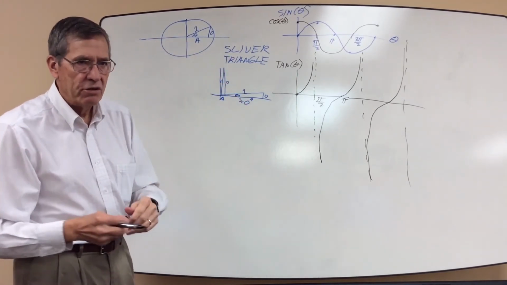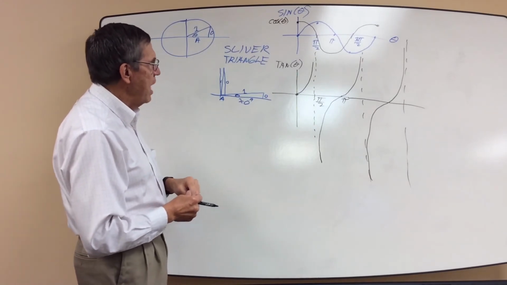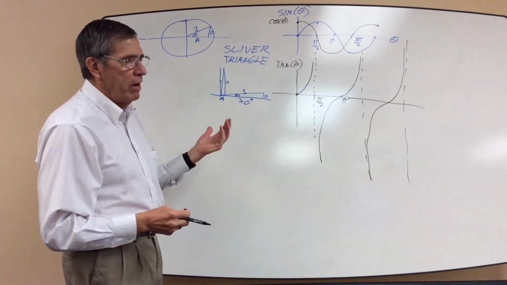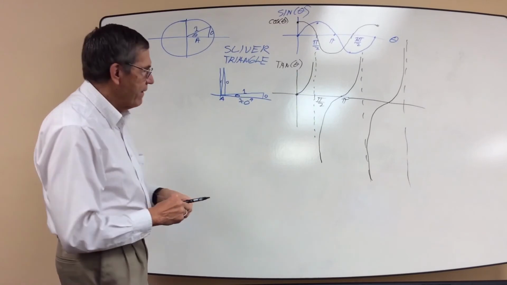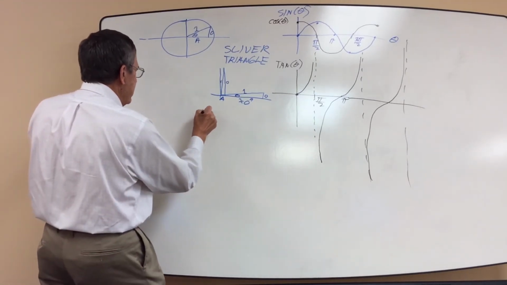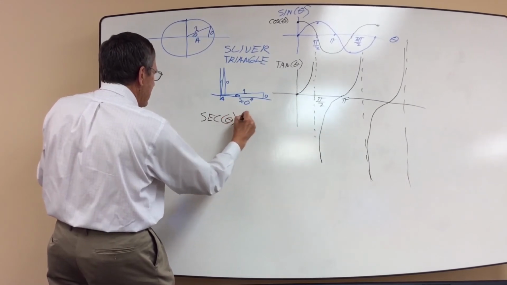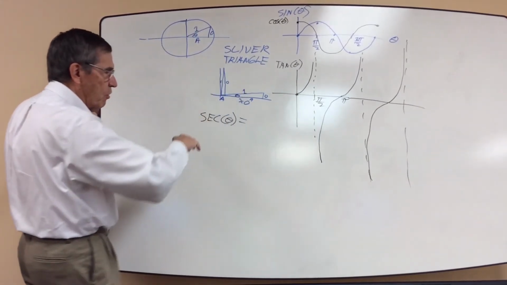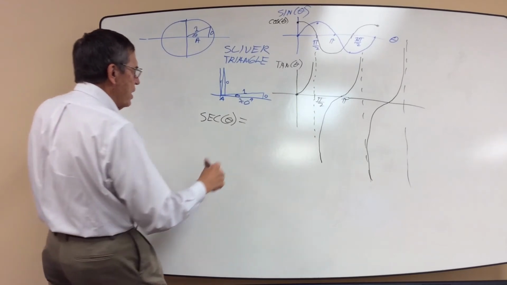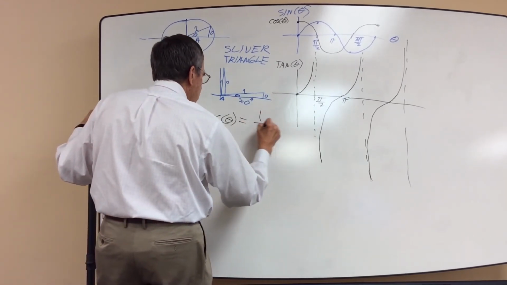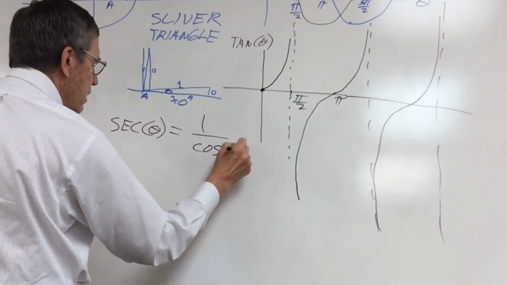So I would invite you to think about what the plot would look like for the secant. Okay? So the secant of theta is equal to the reciprocal of the cosine. So it's 1 over the cosine of theta.